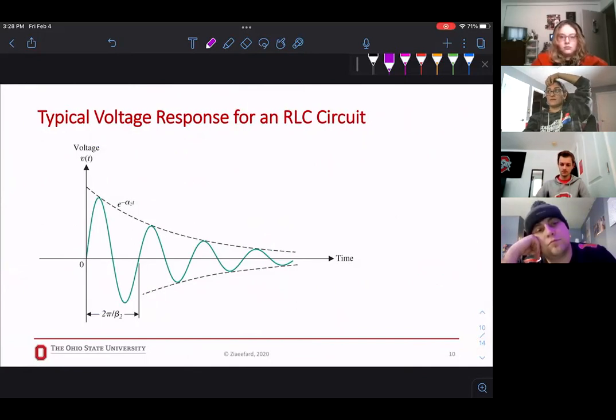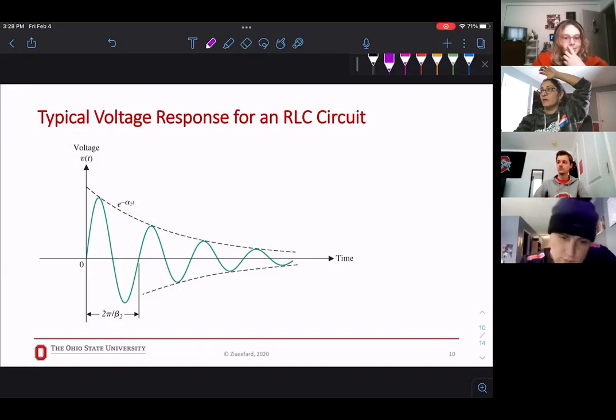Does that make sense? How much detail I want you to go into: I'm not going to give you a very complicated circuit.